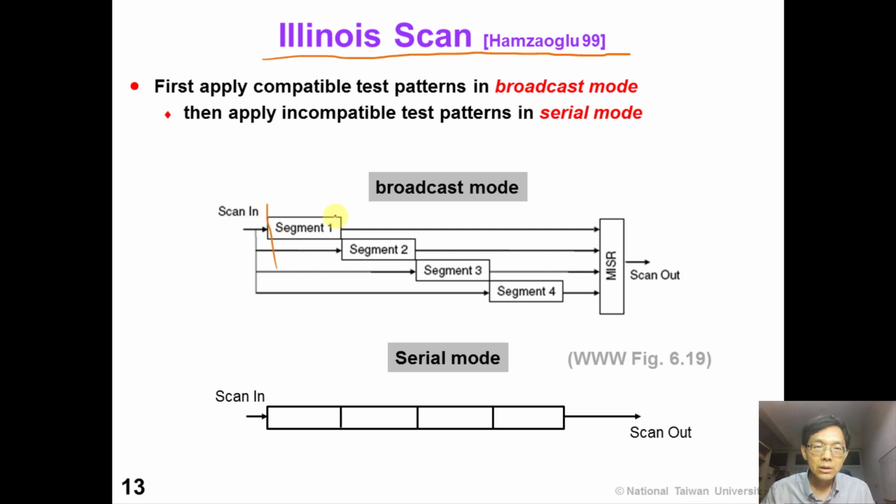They divide the scan chain into segments and they tie this input together in broadcast mode. We first apply compatible test patterns in broadcast mode. In this way, we can compress the test data and reduce the test time. If we have incompatible test patterns, we can apply them in serial mode.